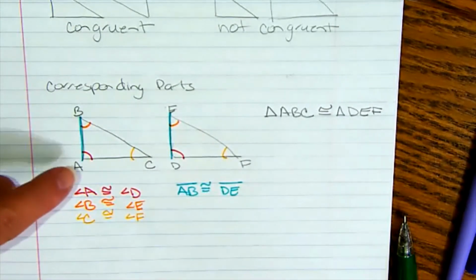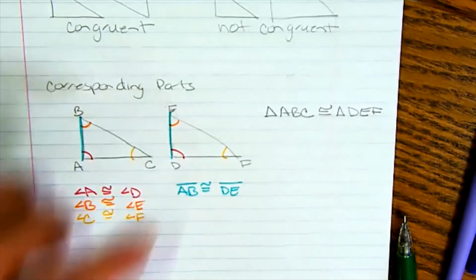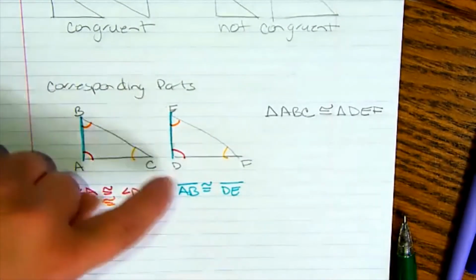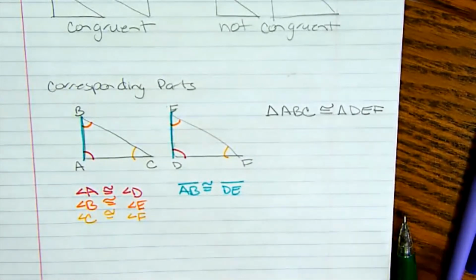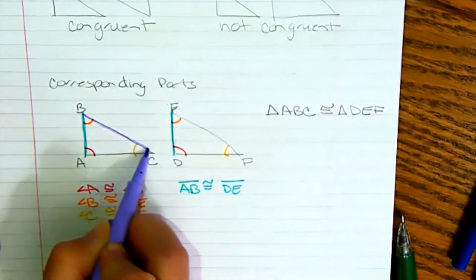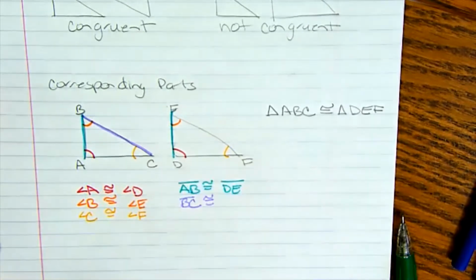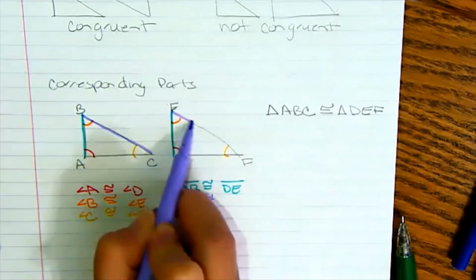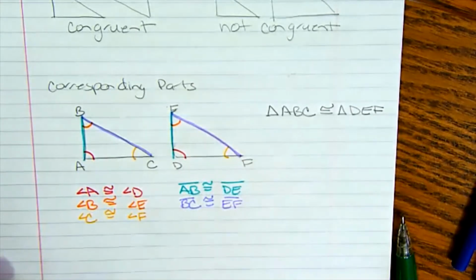So if this is side AB, it's congruent to side DE, not side ED. We would want to label them the same. Okay? So side BC is congruent to side EF.